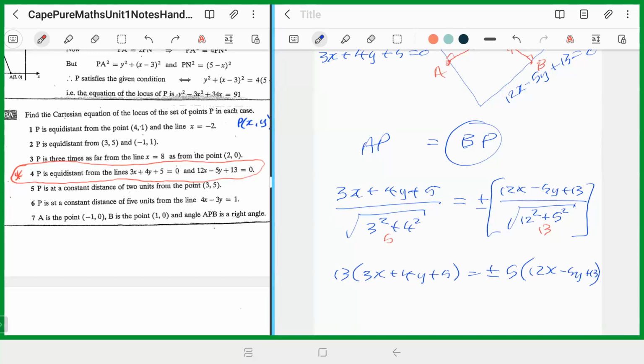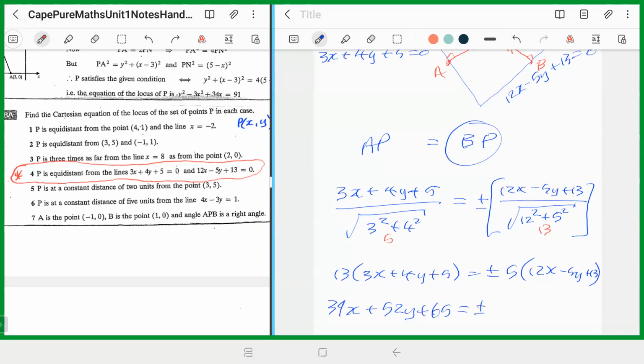And then I'm solving now. So I'm going to expand this side and expand that side. So 13 times 3 is 39, so I'm getting 39x. 13 times 4 is 52, I'm getting 52y. 13 times 5 is 65, so I'm getting plus 65.